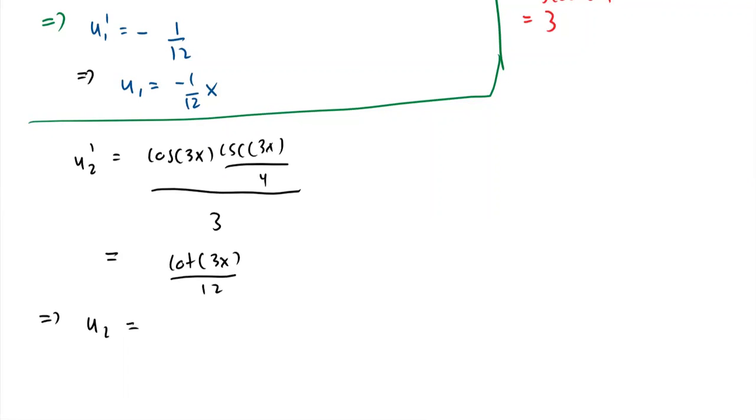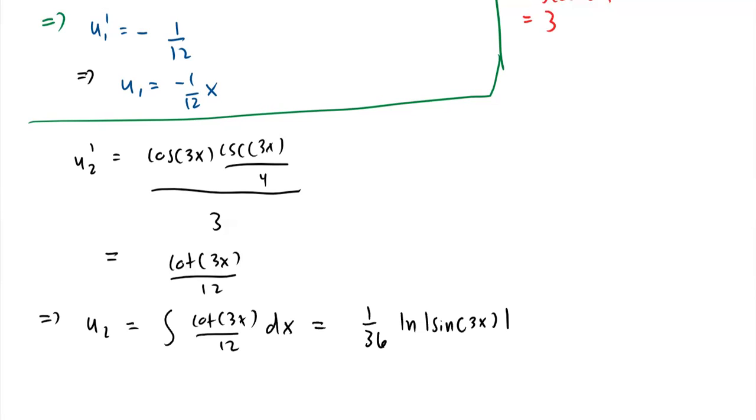So we integrate cotangent of 3x over 12 dx, and this is equal to 1/36 times natural log of sine of 3x. And then again, there's a plus c, but we don't need to worry about it because we only need one such function.